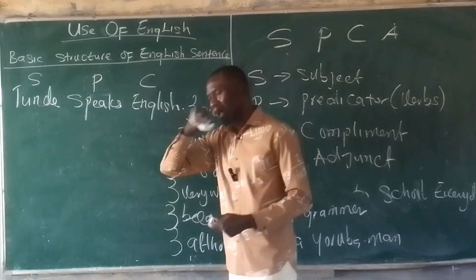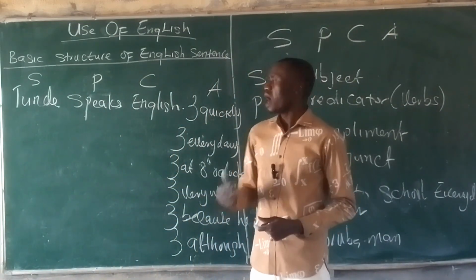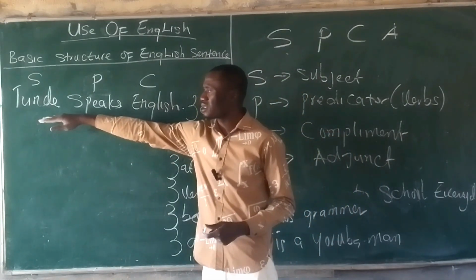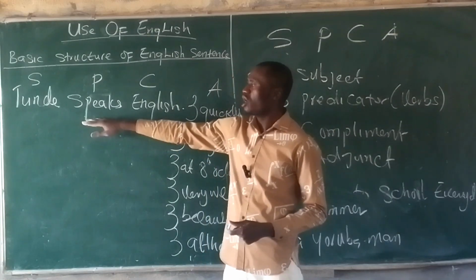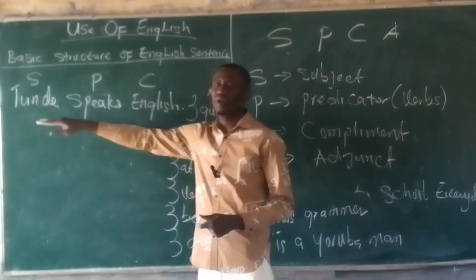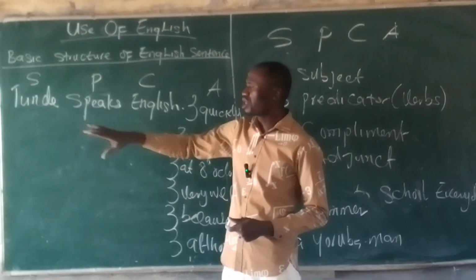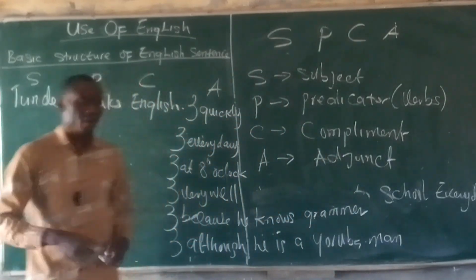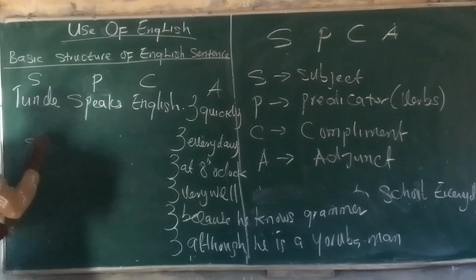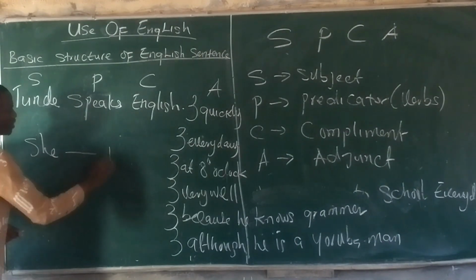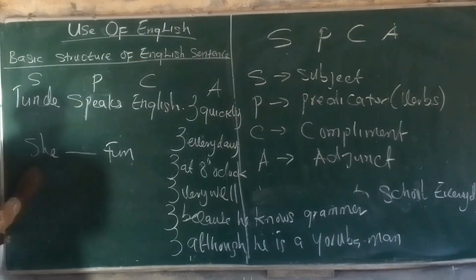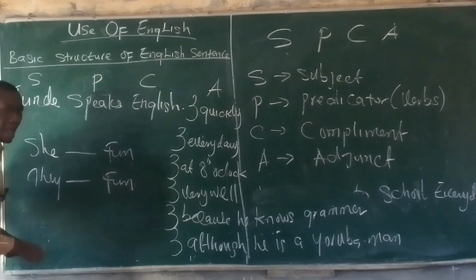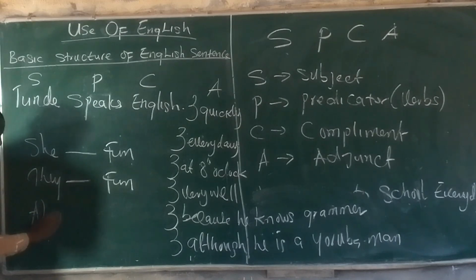I want you to notice our use of concord. You look at the sentence, Tunde speaks. Notice that the subject agrees with the verb. I want to give you an example of the use of concord. Now, if you have she dash phone, they dash phone, I have two options.